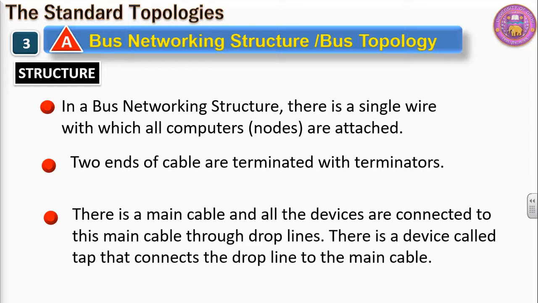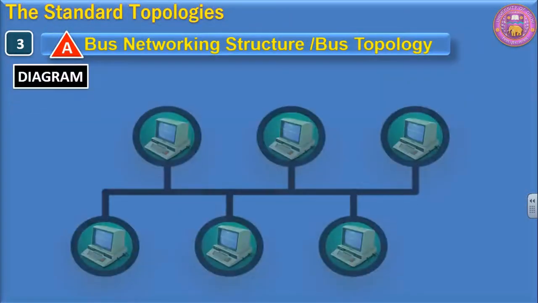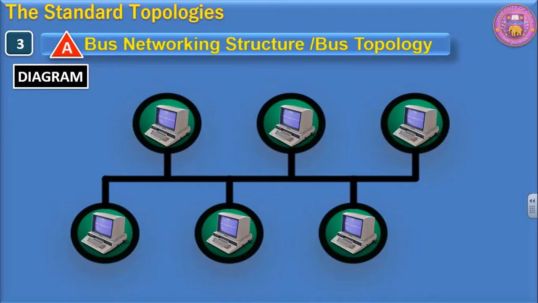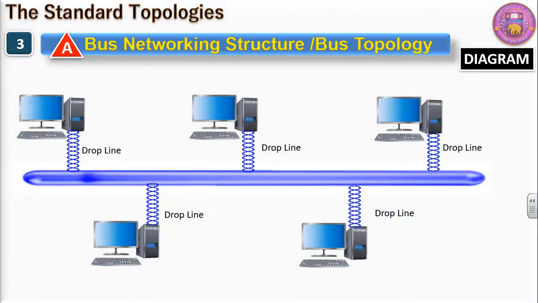There is a main cable and all the devices are connected to this main cable through drop lines. There is a device called tap that connects the drop line to the main cable. Let us look at this particular image. Different computers are connected to the main bus, main wire.